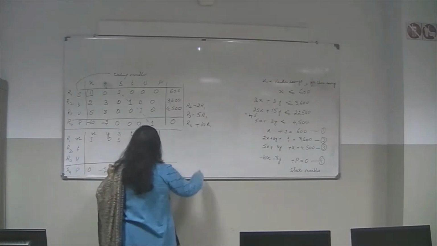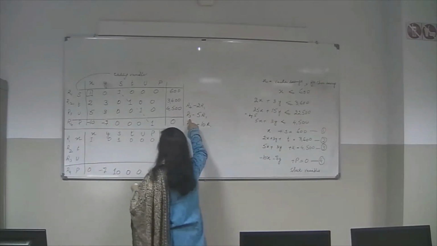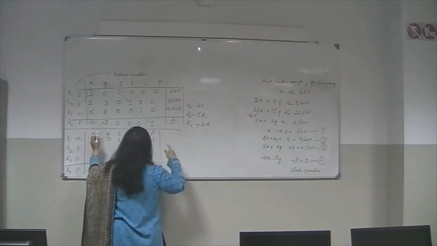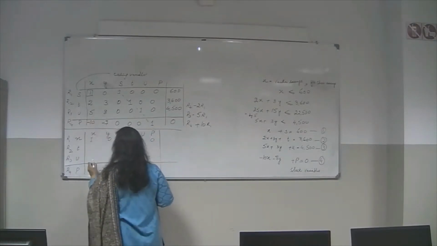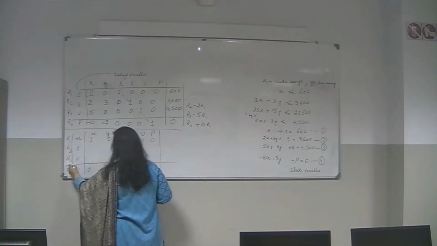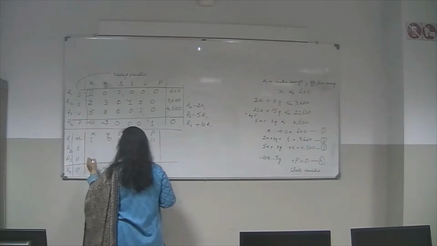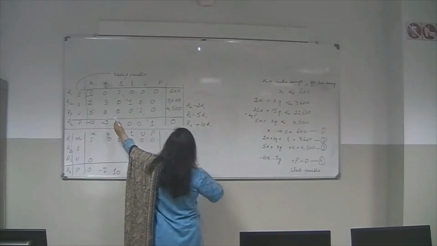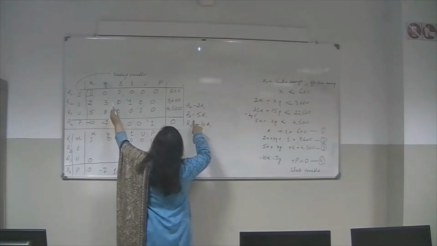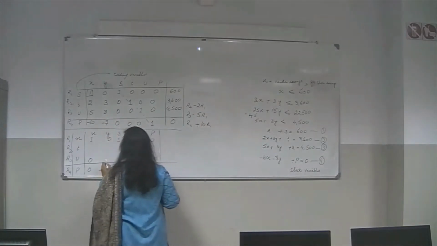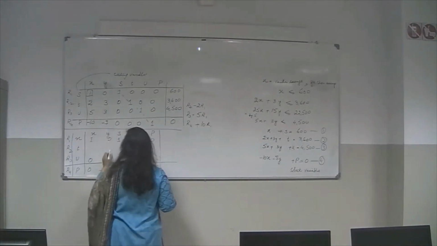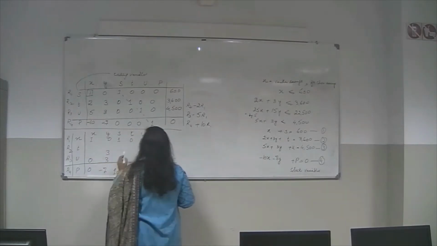Now performing the operation on this one, so this is row 3, this will give you 0 because it's 5 minus 5. So you have 0, 3, minus 0 will be 3, and this will be automatically 3 as well.